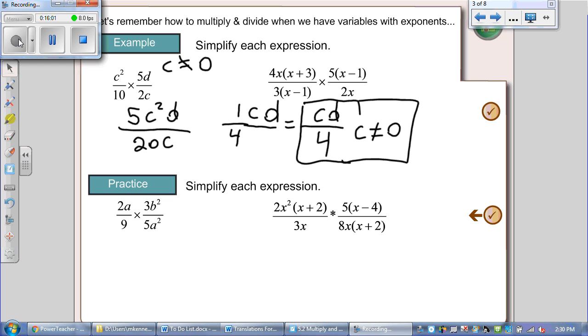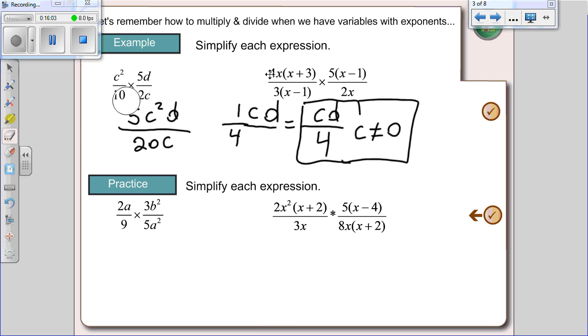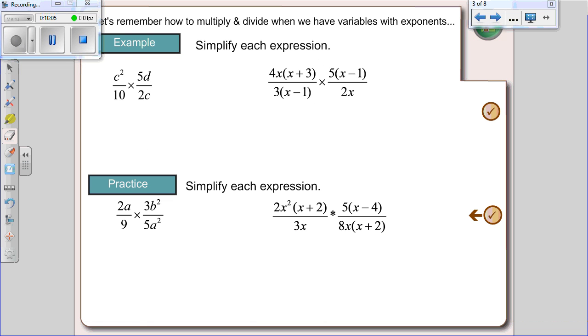So, that's a good question. You could multiply that 4x in, but it won't help you. Okay, we're going to multiply our fractions together. And I said multiply tops with tops, bottoms with bottoms. When you do that, if you have coefficients like this, it's the same as dividing coefficients.